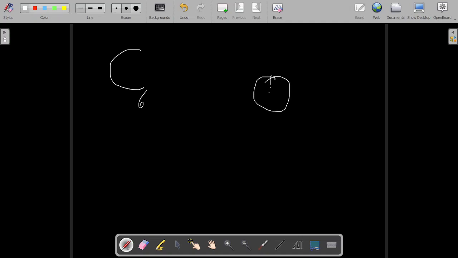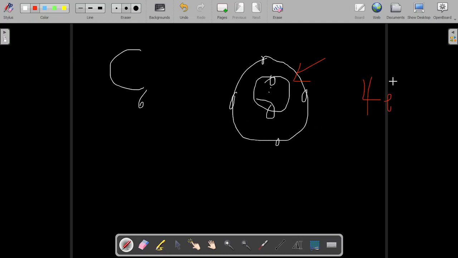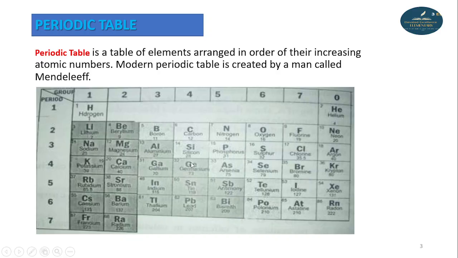The nucleus, we have 1, 2, 3, 4, 5, 6. Now we're looking at the outermost shell, which is the one here. How many electrons does it contain? It contains 4 electrons. And definitely the carbon atom is in group 4.